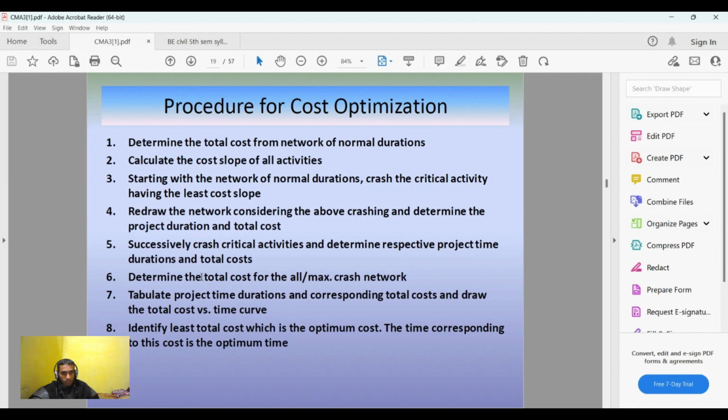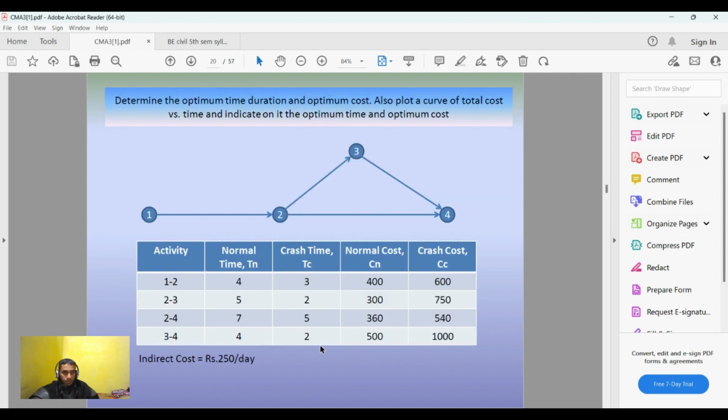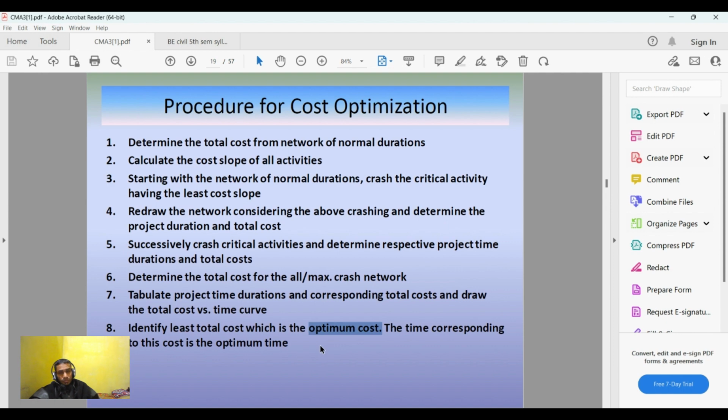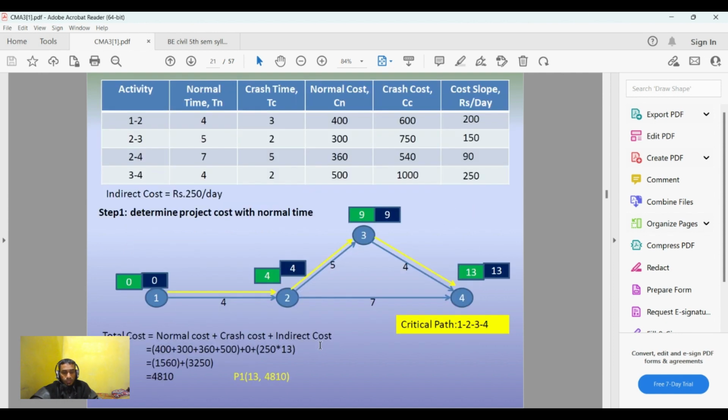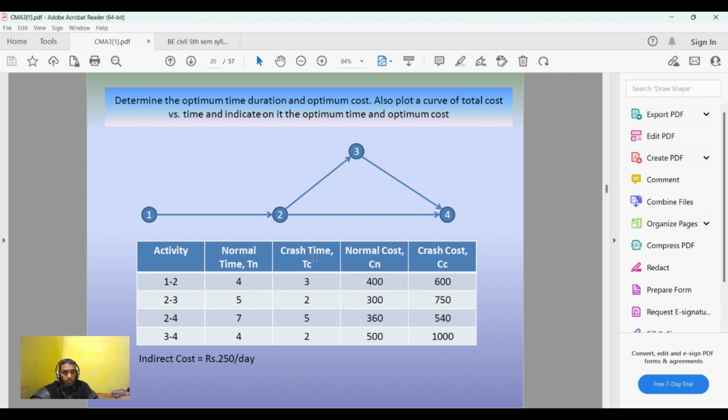For all the crashed networks, up to the maximum crash network, you would determine the total cost. You would plot a graph between total cost and time, and identify the least total cost, which is also the optimum cost, and the time corresponding to this cost is the optimum time. This is the procedure you need to follow in order to find the optimum time duration and the optimum cost.